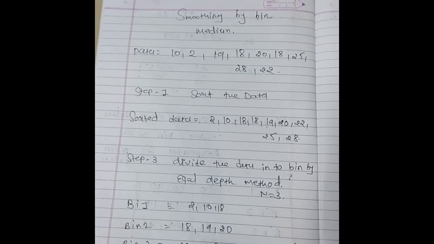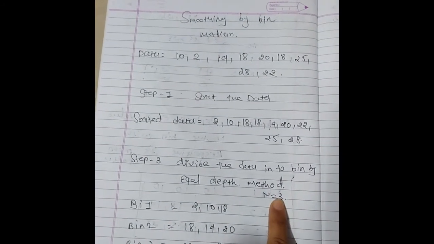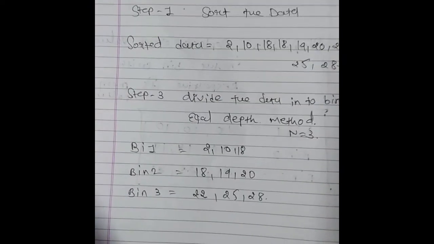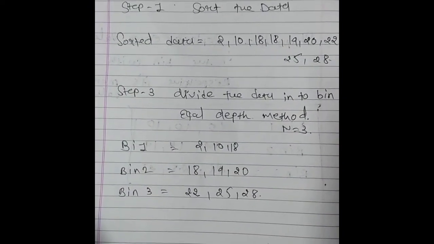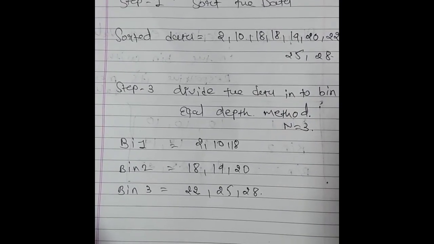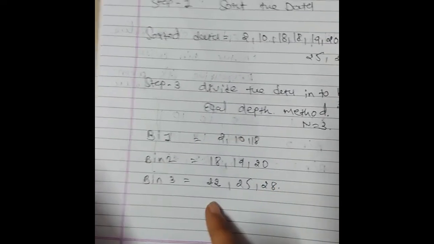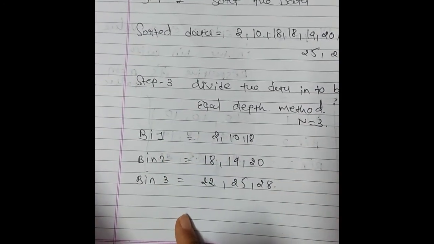We are creating 3 bins because n equals 3, and we are dividing the data equally so that each bin has the same number of values. So each contains 3 values: 2, 10, 18; 18, 19, 20; and 22, 25, 28. So step 2 is complete.